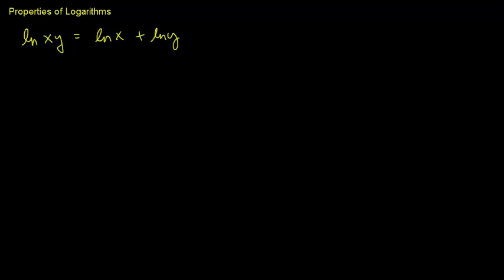Alright, so what I'm going to do for each of these properties is just a short proof. It may be rigorous, it may not always be super rigorous, but it's the type of thing I'd like you to be able to do on your own later once you have some more practice with how logarithms work. So in order to do this proof, let's start by just reading off what the left side means. Well, the left side is really the power I raise e to in order to get xy.